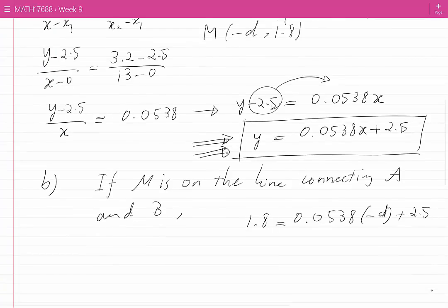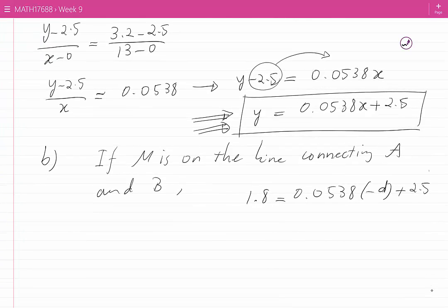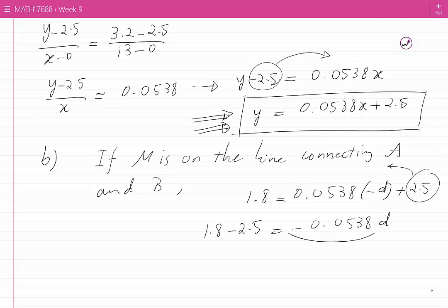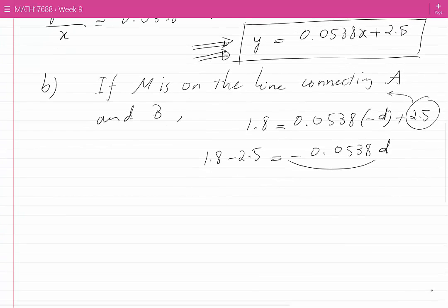Let's move the 2.5 to the left hand side of the equation. We get 1.8 minus 2.5 is equal to, and we multiply the minus sign into 0.0538, and then we have D. Now we divide both sides by minus 0.0538 to isolate D, and we will have 1.8 minus 2.5 divided by minus 0.0538.